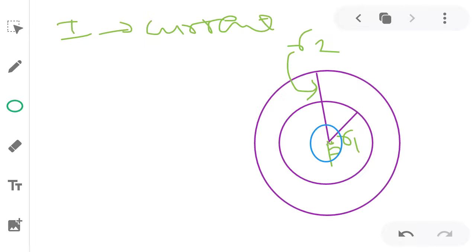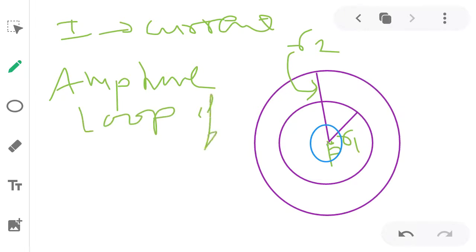Second, I'll write on it: Ampere loop of radius, let's say R3. Now we'll go to the next slide.